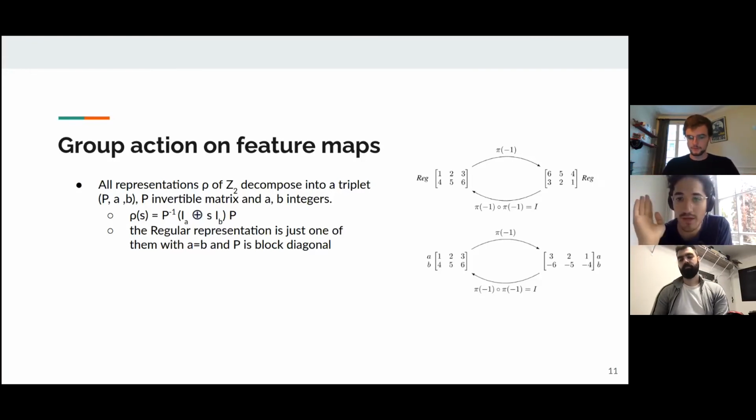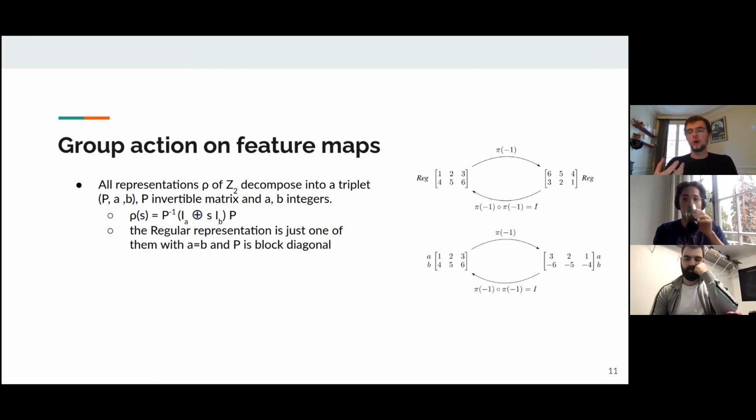From the group action on the input space, where the bits get flipped and the order can get reversed, you use neural network layers to map this input space onto other spaces. There, to keep enforcing the equivariance, you need to define a group action also on these intermediate layers.